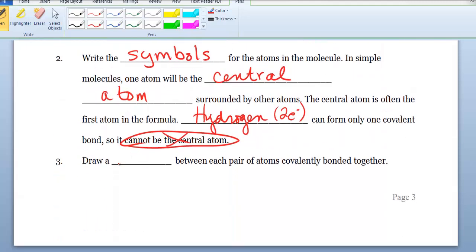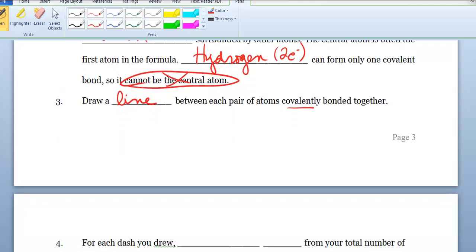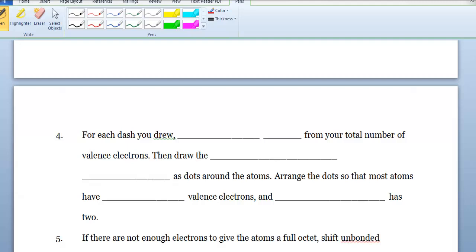When we have lined up our atoms, we're going to draw a line between each pair of atoms that is covalently bonded together. After we do that, we want to subtract from our total number of valence electrons those that are involved in bonding.